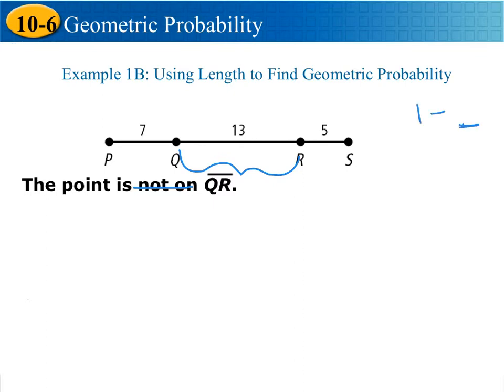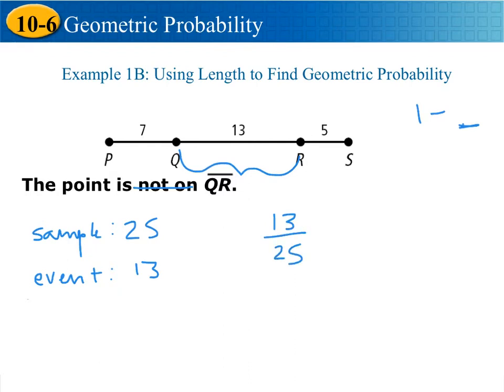So our whole sample space, we just add all 3 together, so our whole space is 25. Our event that we're looking for is QR, so 13. So we're going to do 13, what we're looking for, divided by the whole thing, which is 25. So this is the event that it is on QR.